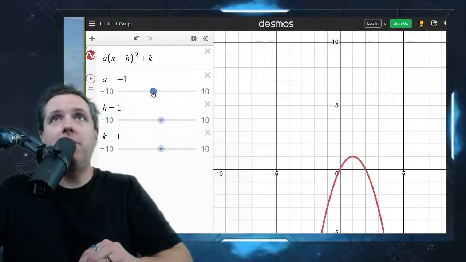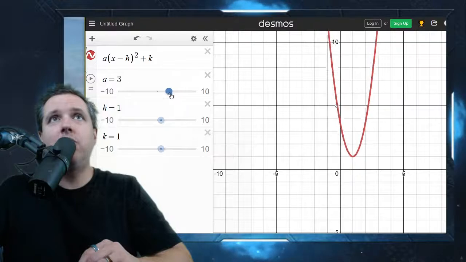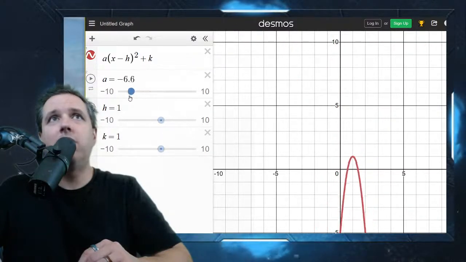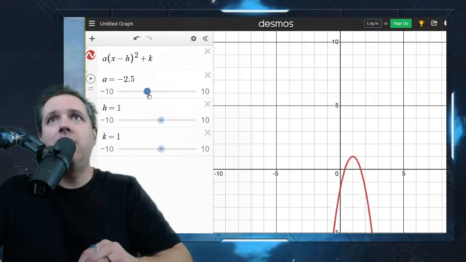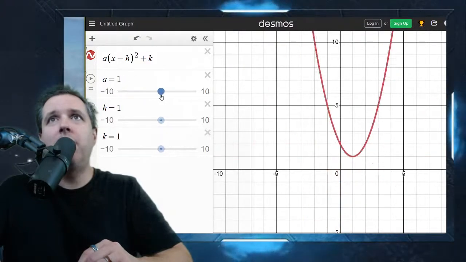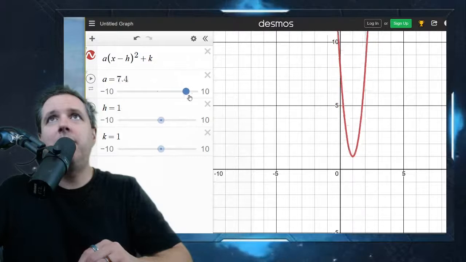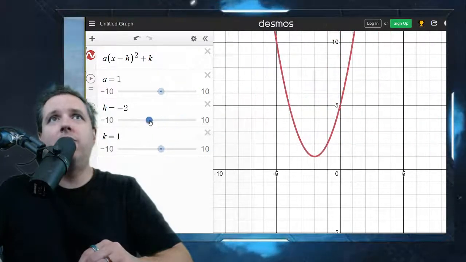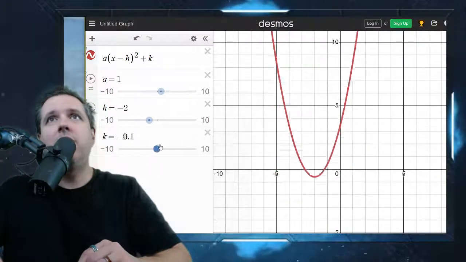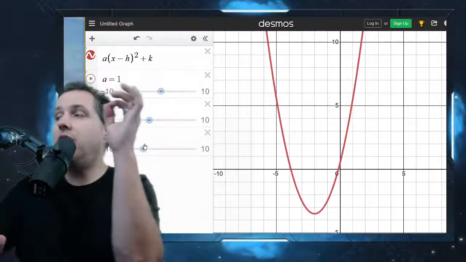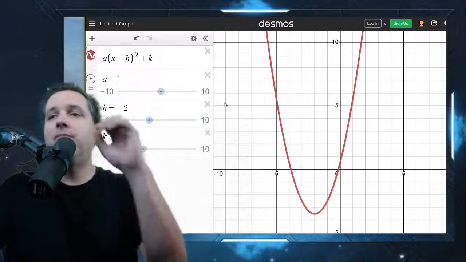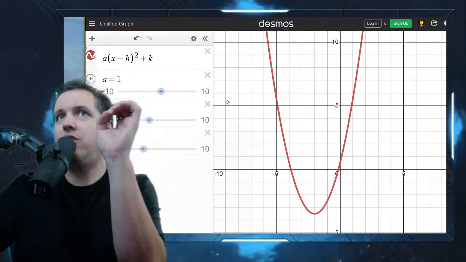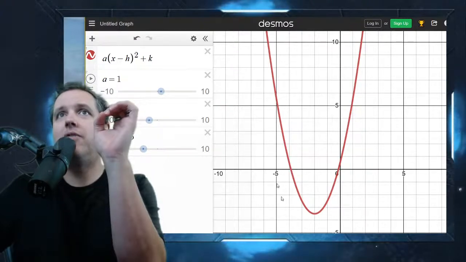I can make it skinny or wide. See how it's opening up? Now it's opening down. We can make a really skinny one, a really wide one, flip it upside down, and move it around to different locations. There's an infinite number of parabolas we can come up with. Every second degree polynomial, every quadratic equation, graphs a parabola of some sort.